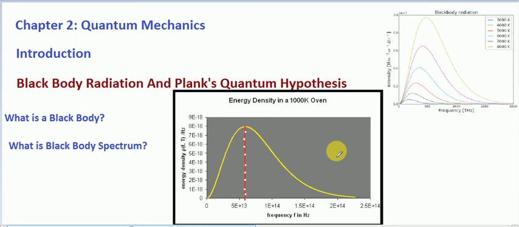In practice, it is not easy to create a perfect black body, but we can create a good approximation, a cavity which is blackened inside with a small hole on it, so that any radiation entering the cavity through the hole will be absorbed by the black surface.